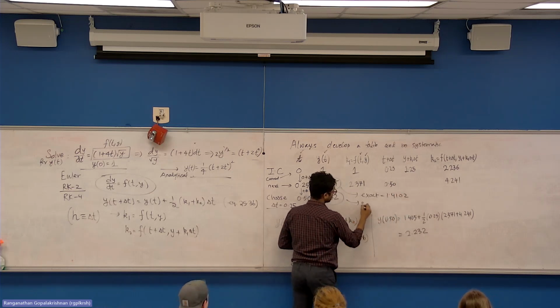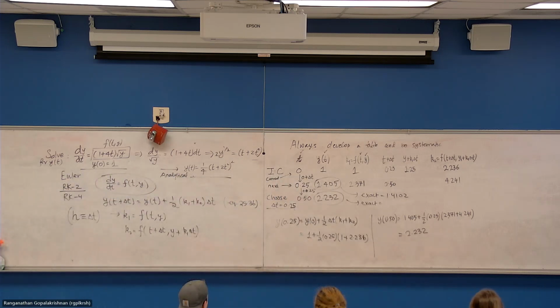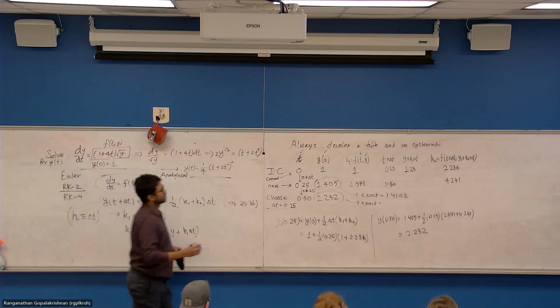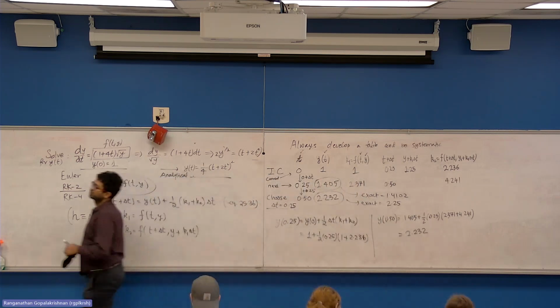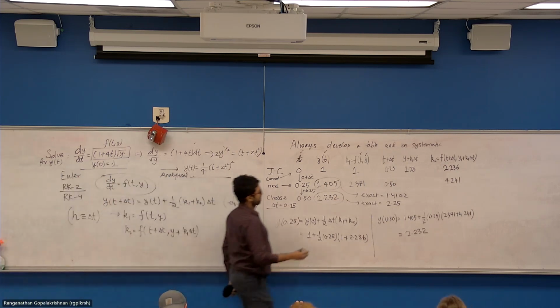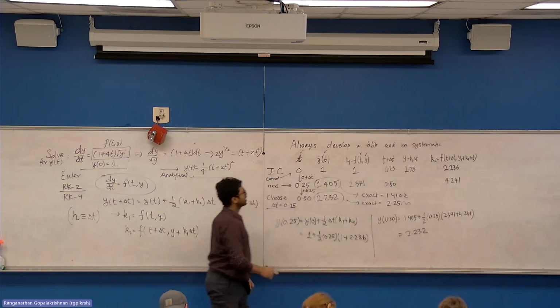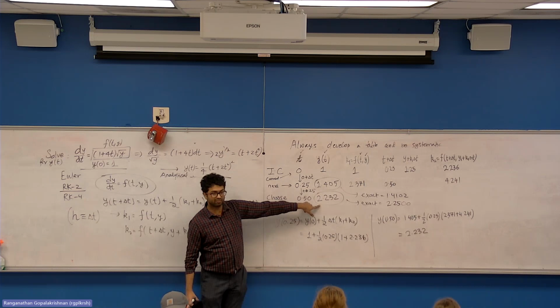And the exact value at 0.50 is 2.25. So we are about close, not exactly. Obviously, we won't be exactly the same, but we are near the exact value.